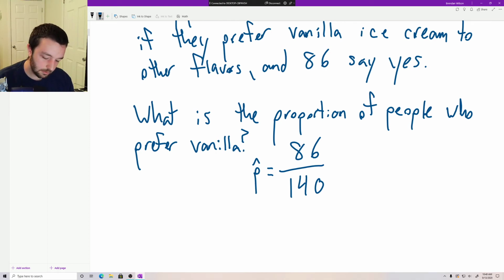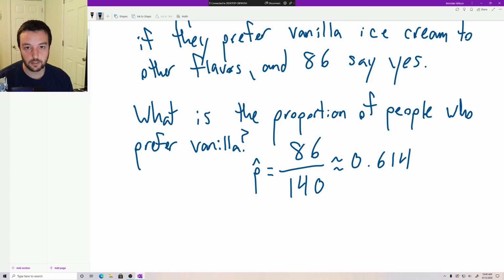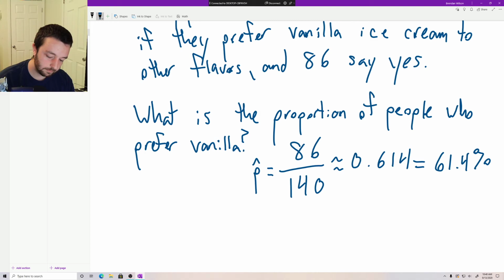If you put this in your calculator, you're going to get 0.614. We have to round it a little because it's a long decimal. If you turn that into a percentage, remember all you need to do is move the decimal over twice. That's how we go from decimal to percent. So we get 61.4%.